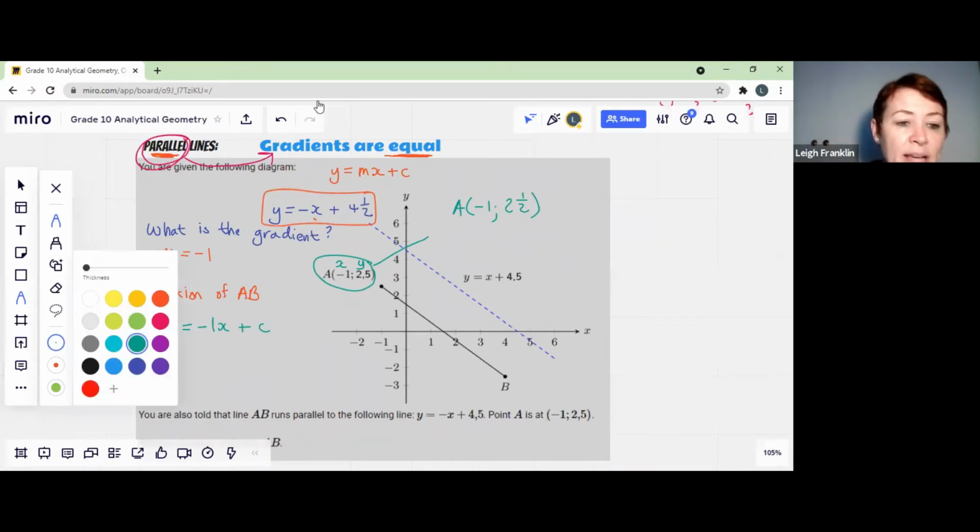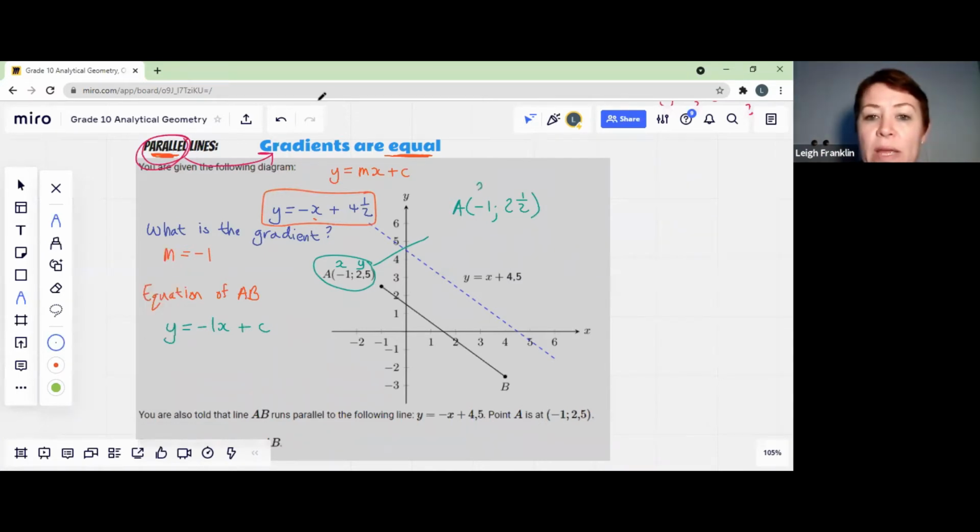This is the x and y pair that we now need to sub into our equation. All right, so where am I going to put the 2.5? In place of which letter? In the place of the y. In the place of the y, David, 100%. So I'm going to write that, yes, Harry, in place of the y.